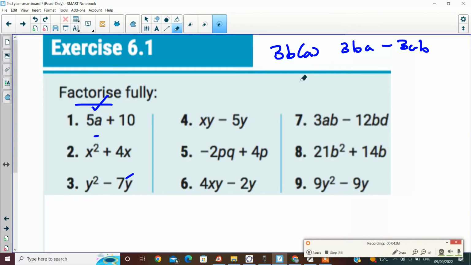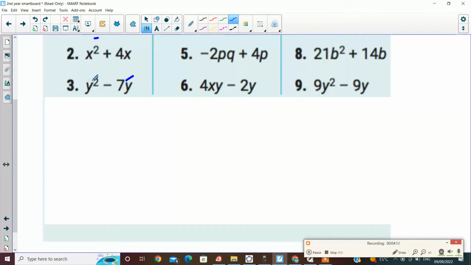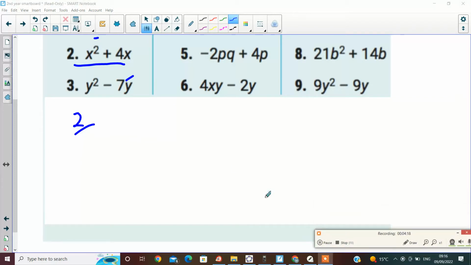Lads, what's going to happen next is I'll give you another example here. Question 2 was requested. What we're going to do here is take out x. So x squared means what? xx, doesn't it? Now, what letter do they have in common? You're only allowed to take out one of them.